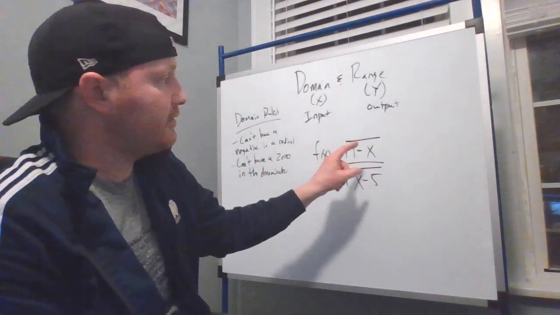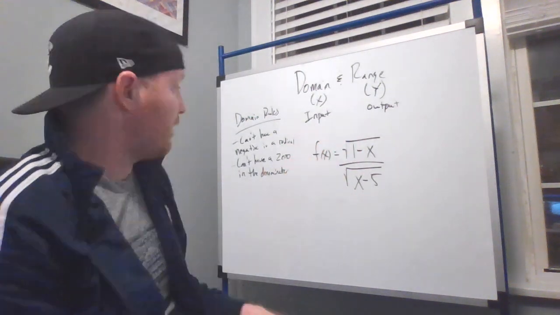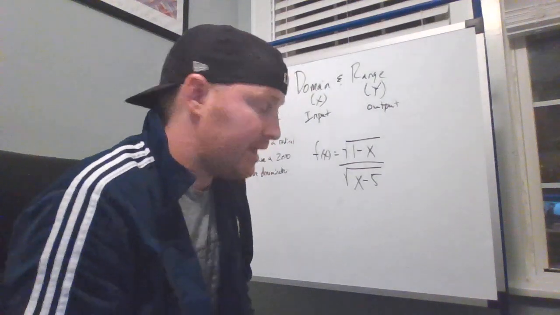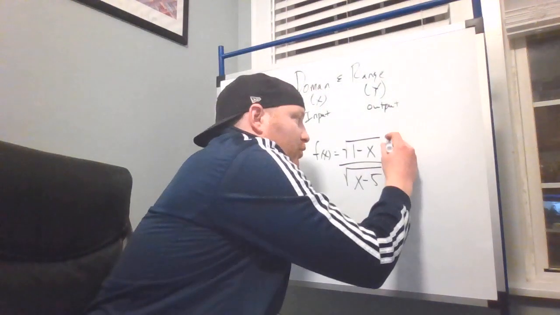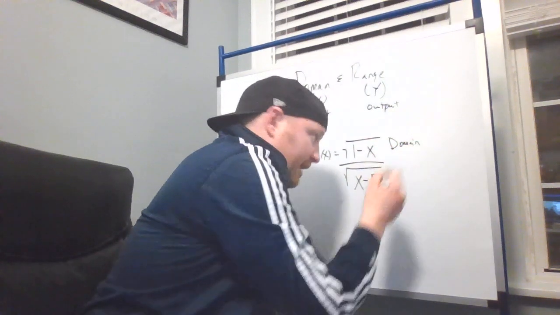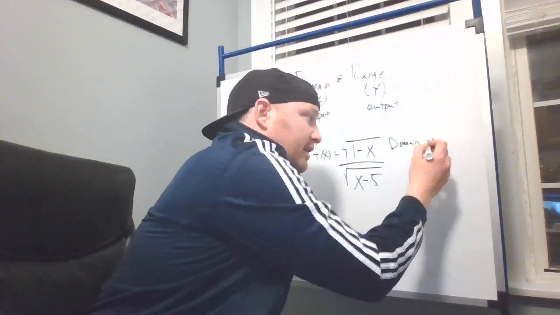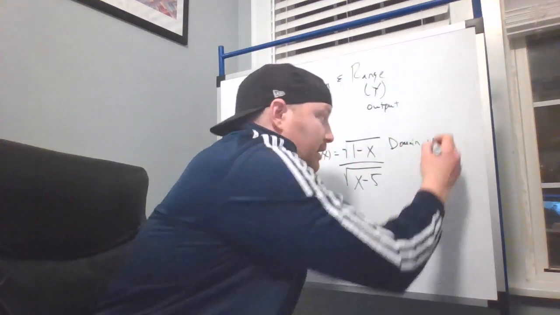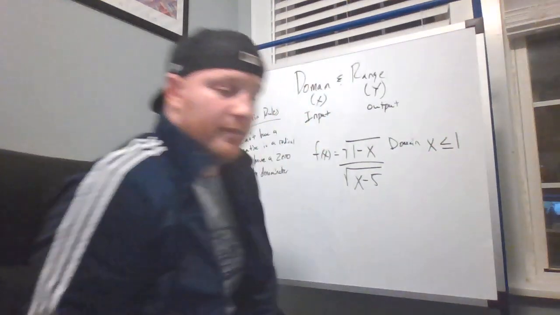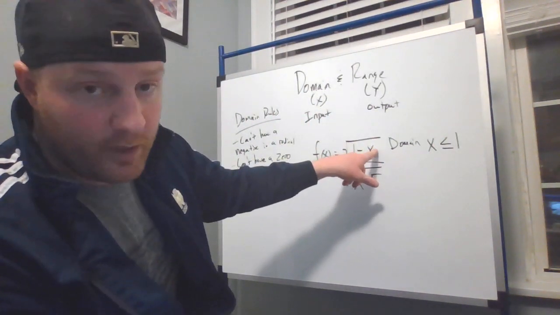My radical follows the rule that I cannot have a negative number under the radical. Impossible. So in that case, my domain for this numerator, which is the whole function still, so I'm following both rules for both x's, happens to be x has to be less than or equal to 1. Okay?